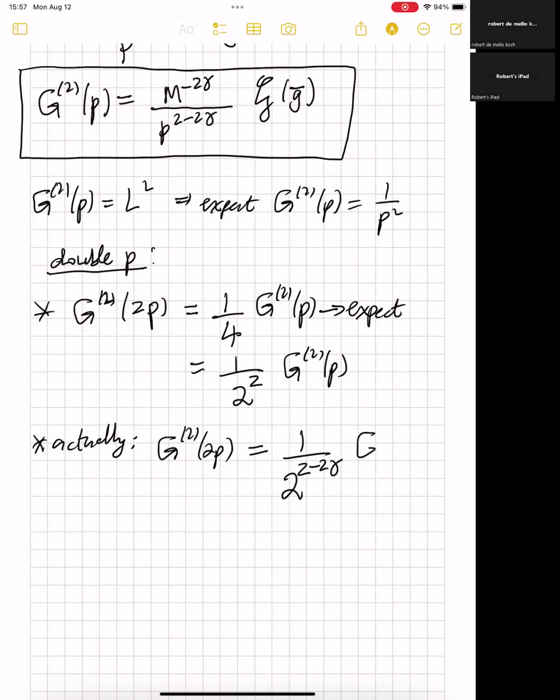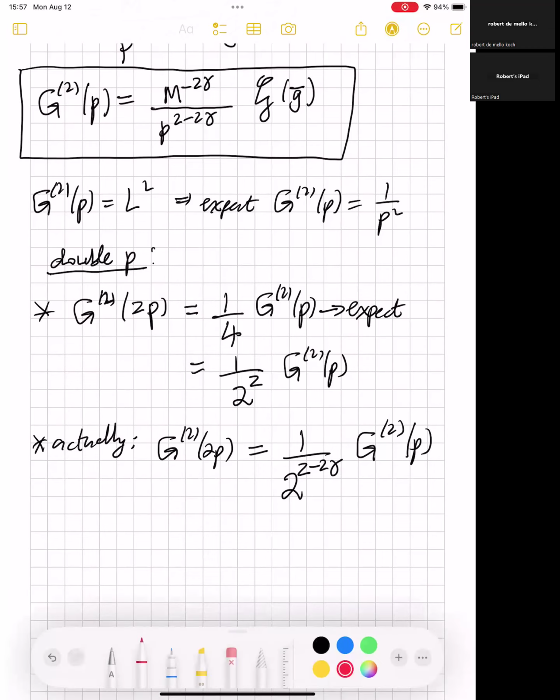So you can see that this 2, which is the dimension of this thing, has been changed into 2 minus 2 gamma. And that's why gamma is called an anomalous dimension.